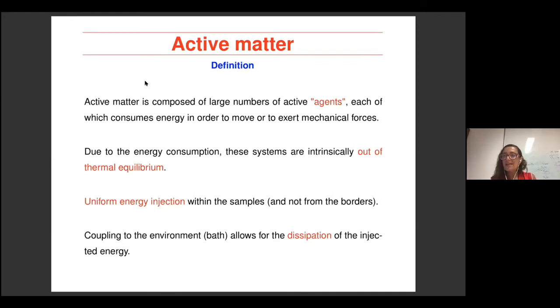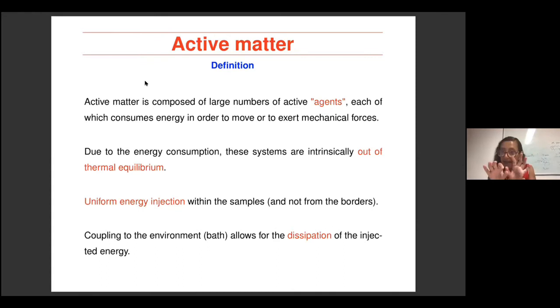So they are getting energy continuously from the environment. Part of it, they are using to do work, like move and so on. Part of it, they are giving back via dissipation to the environment itself. Differently from usual condensed matter systems or soft condensed matter situations in which, for example, when you shear a liquid, you are injecting energy as well, but you're doing it from the borders.